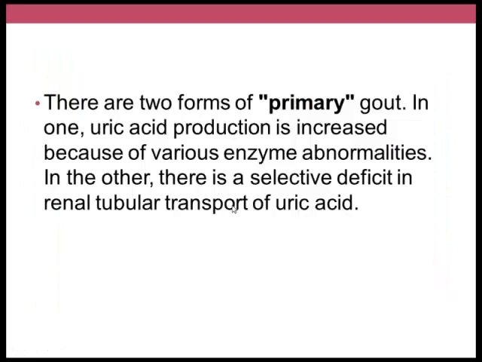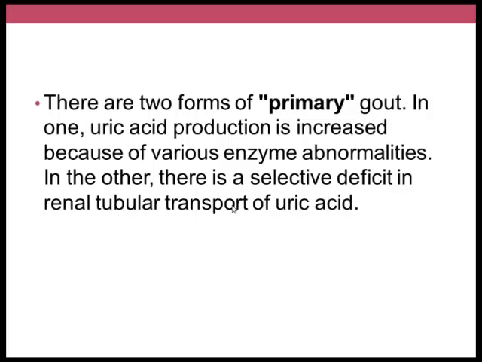There are two forms of primary gout. For the etiological classification for the causes of gout, we can classify it either as primary gout or secondary gout. And then primary gout is further divided into two causes. In the first form of primary gout, uric acid production is increased because of different enzyme abnormalities.